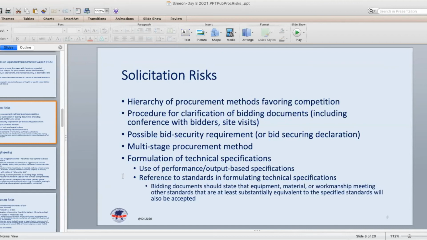The emphasis in the World Bank system is, to the greatest extent feasible, to use output or performance-based specifications rather than detailing the input specifications, like micromanaging what exactly the supplier or contractor has to do to fill the procurement need. Leave room for competition among different possible ways of fulfilling that procurement need in how you formulate the technical specifications.